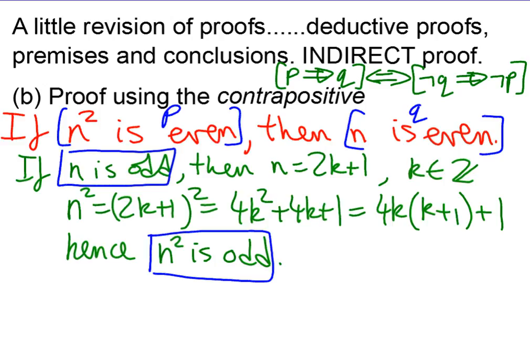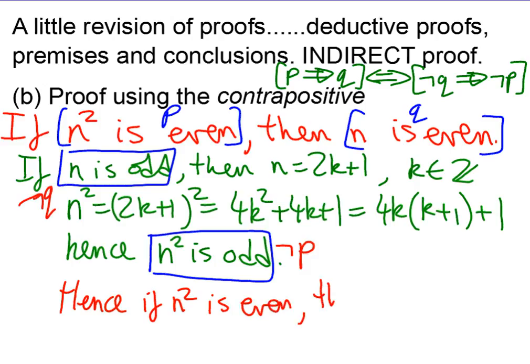We've proven not Q, the opposite of Q, and we've started with not Q and established not P. Hence, if n squared is even, then n is even. QED. You might like that more than the previous one. Now that's an indirect proof using the contrapositive.